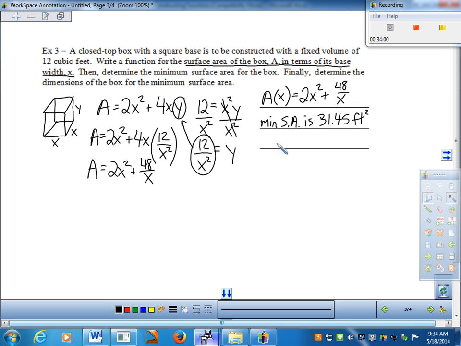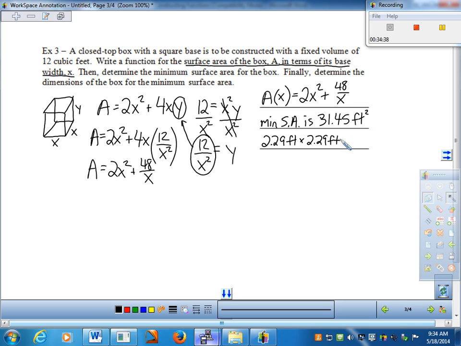So remember that x value represents this dimension right there. So this is about 2.29 feet, this is about 2.29 feet, but this is the unknown right here. So it looks like this was the output, 31.45. The input that produced it was 2.29, and that represents the length and the width. So 2.29 feet by 2.29 feet.